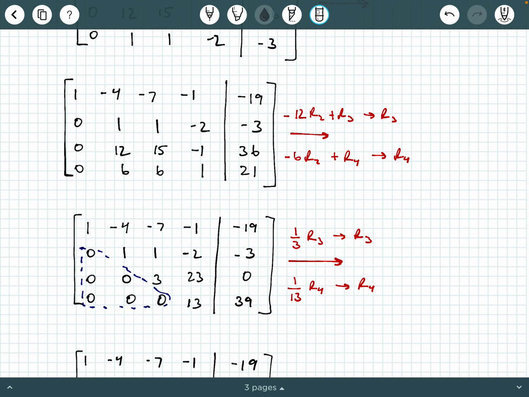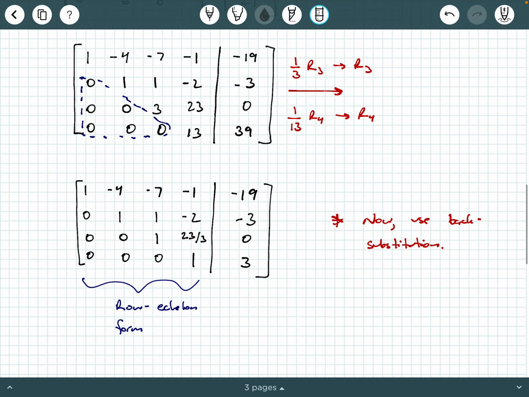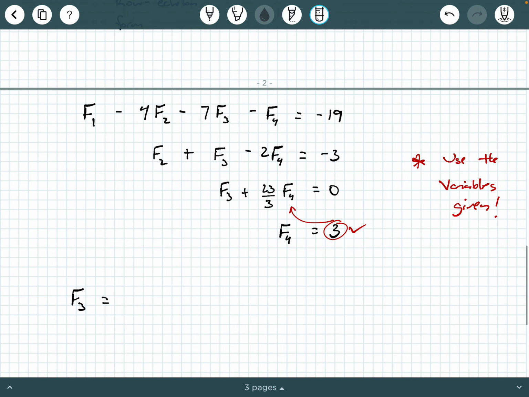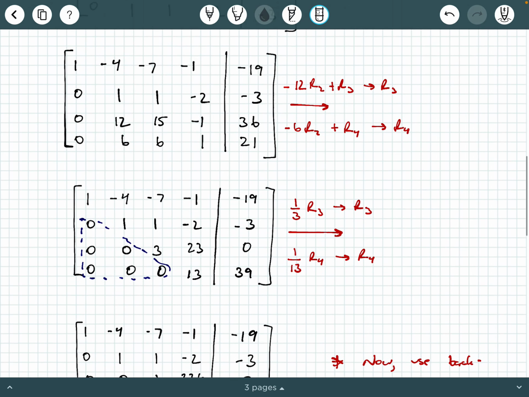Bear with me, hang on. This is good, identifying our mistakes. I do get f4 equals 3. But this implies that f3 equals negative 23, which is not my answer in my notes.